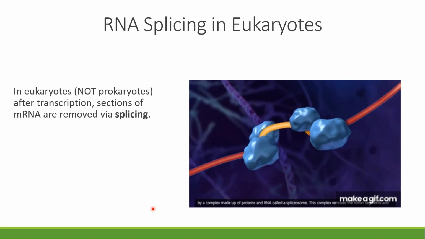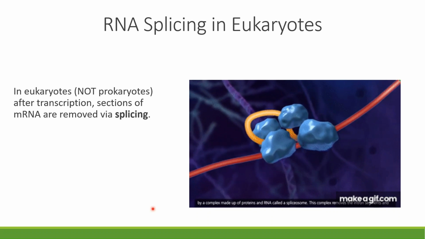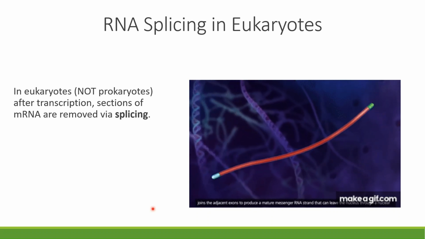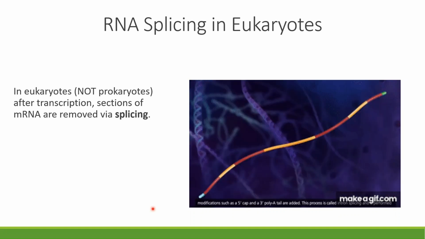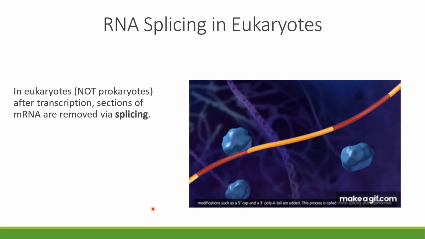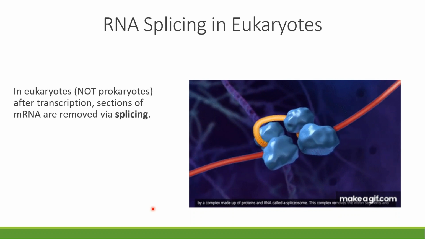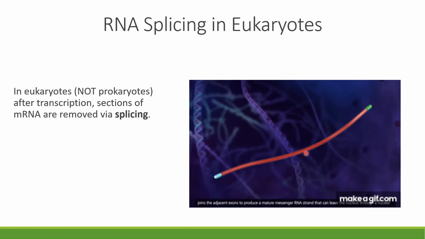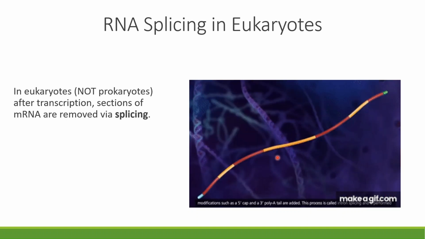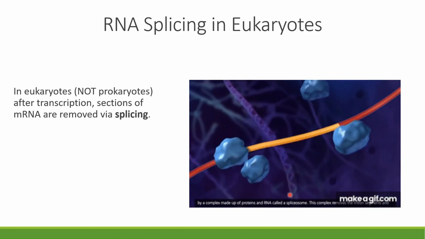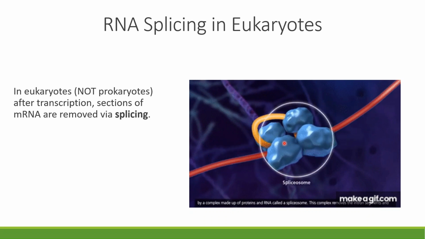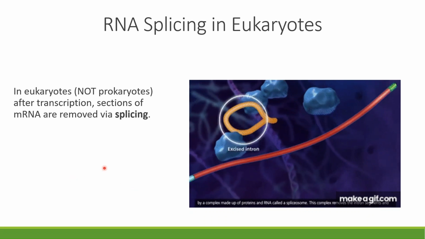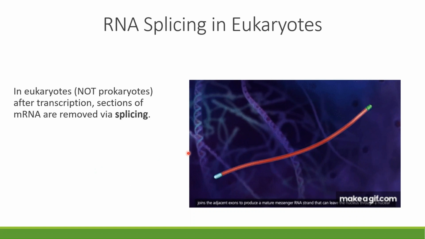Now, before that mRNA can go off to the ribosome, eukaryotes have a lot of different versions of each gene, and they carry something in between them called introns. And introns need to be cut out depending on which version of the recipe of that particular gene it wants to make.